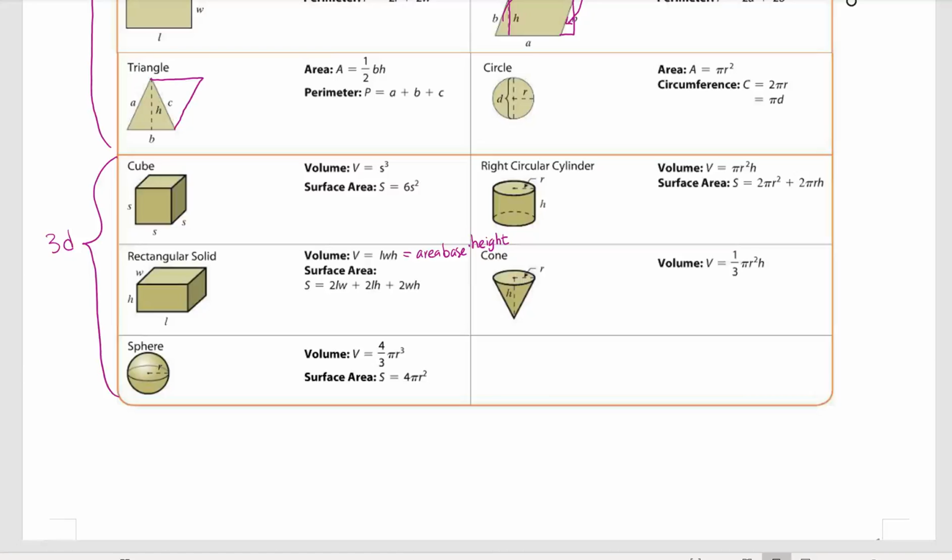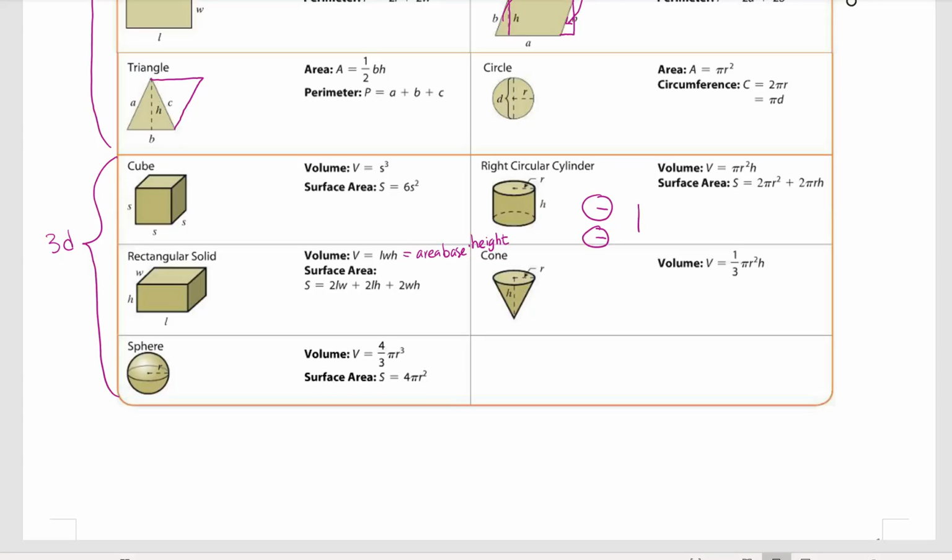Okay, and then for the right circular cylinder, the volume is area of base times height, but the base is a circle, so it's pi r squared times height. And then what is the surface area? Well, when we cut it, the top and the bottom are circles, so that's 2 pi r squared.